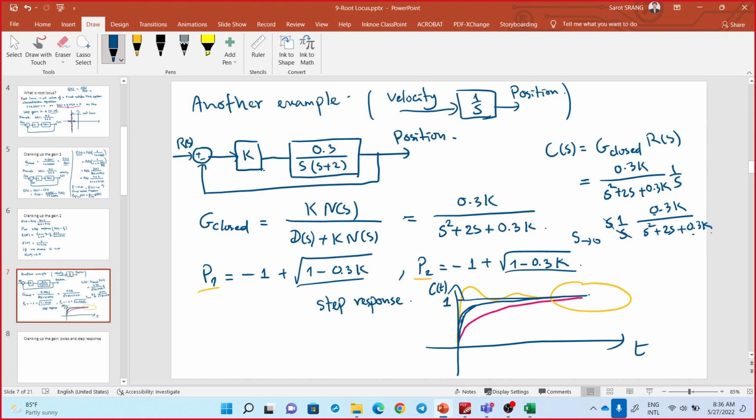The 1 is from the step. If you step to a certain number like 10, then here you have a factor of 10, and this just converges to 10 as well. So we don't need to care about other values; just say the step is from 0 to 1, then we obtain the output, which is the position, approaching the reference, the step.